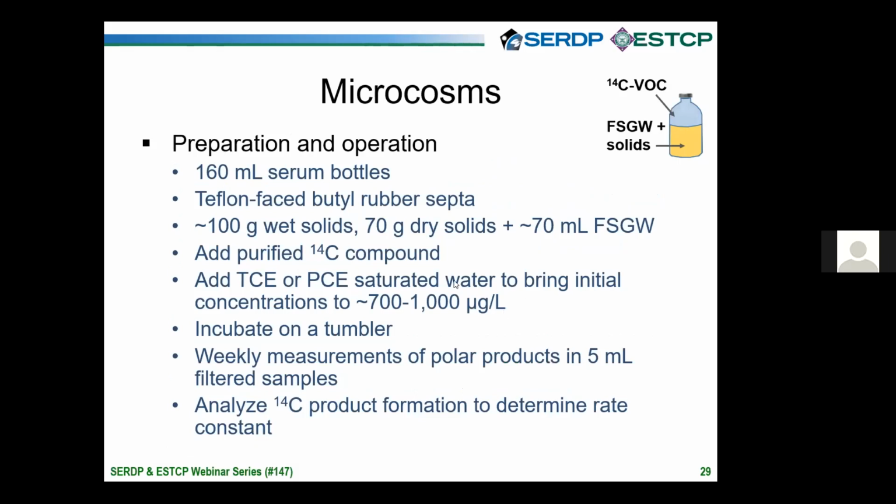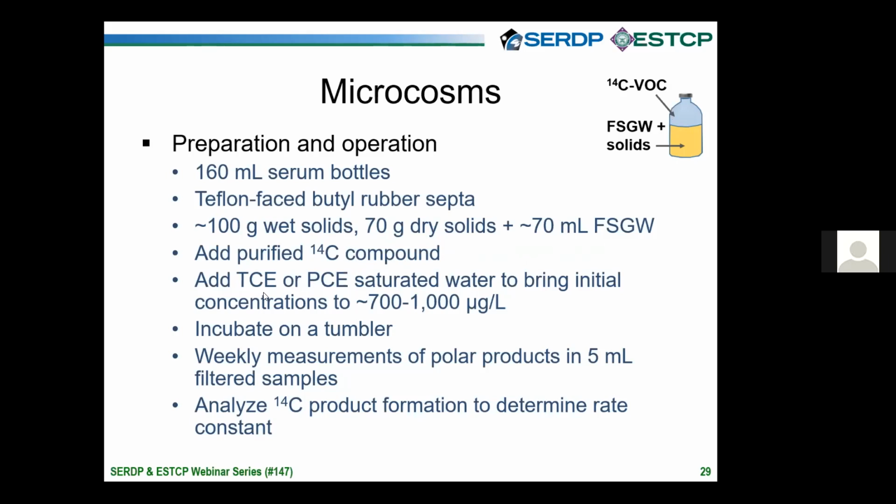The preparation of the microcosms, as I said, 160 ml serum bottles, pretty standard stuff there. Teflon septa, 100 grams of wet soil, 70 grams of dry soil, 70 mL of filter sterilized groundwater. Once we've got it prepared, we inject into the headspace of the bottle the carbon-14 labeled materials.